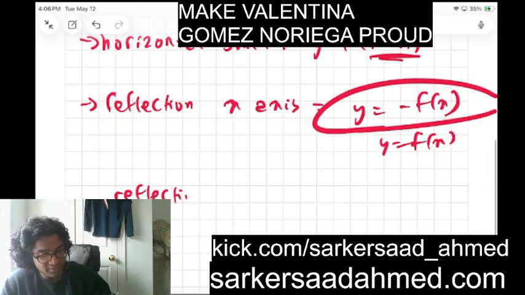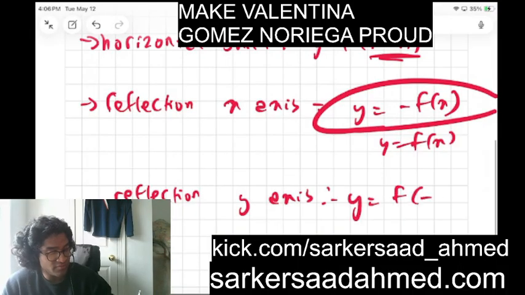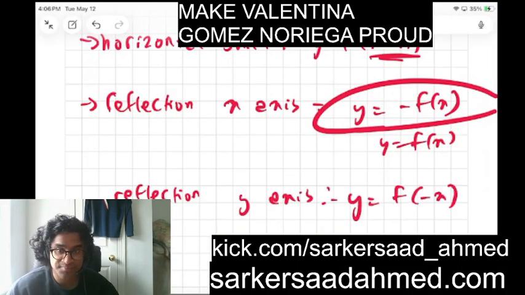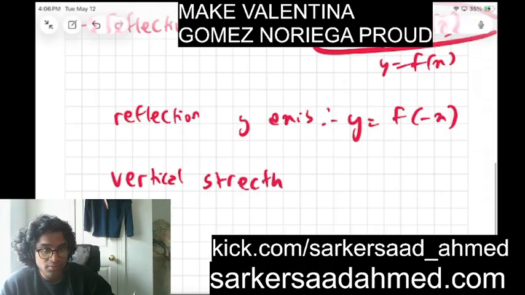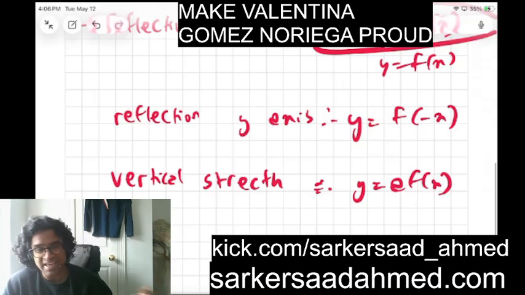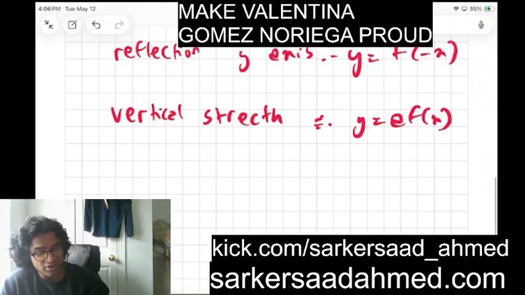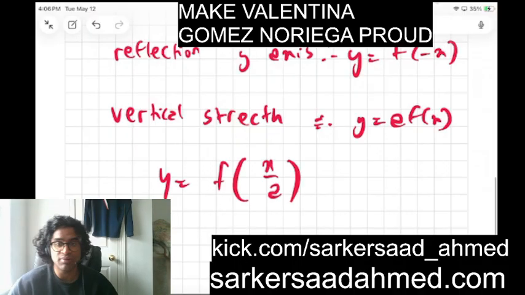Reflection about y would be y equals f of minus x. And then we have the vertical stretch, where y is equal to a times f of x, a is some constant, and the horizontal stretch would be f of x by a. So that's the horizontal stretch.